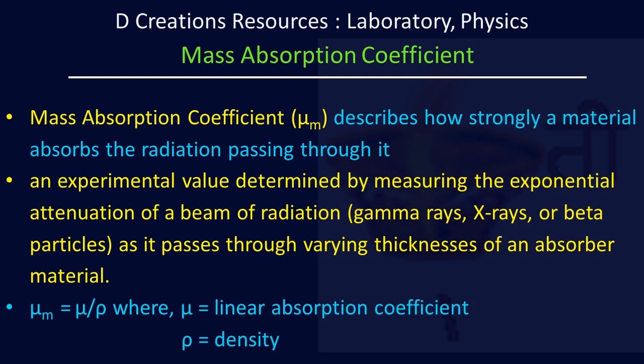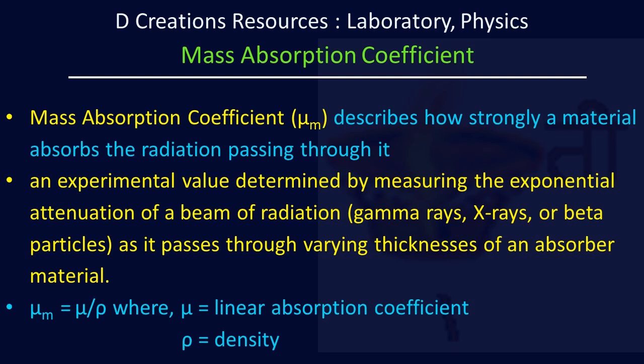So the linear absorption coefficient depends on the material's density and its atomic composition, while mass absorption coefficient is independent of the density. It depends only on the atomic composition of the material.